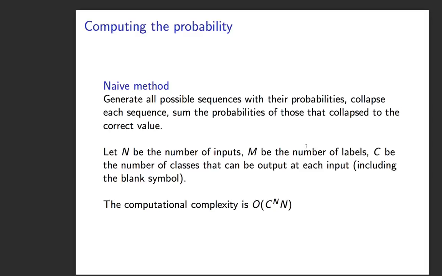Is the intuition that we're generating all the possible sequences, and then we look at our input and ask whether it matches one of these possible sequences? I believe that's the greedy approach, finding the most likely labeling.